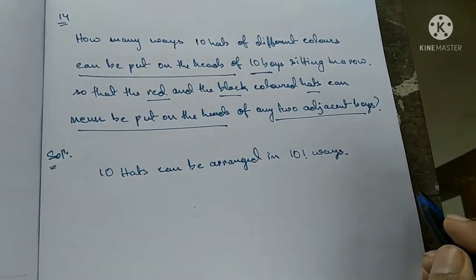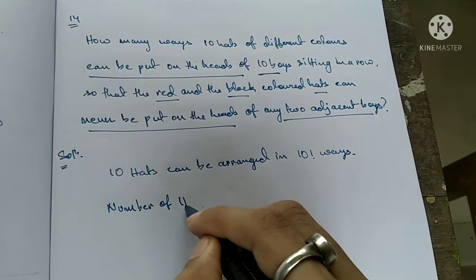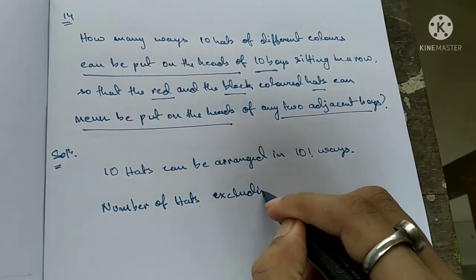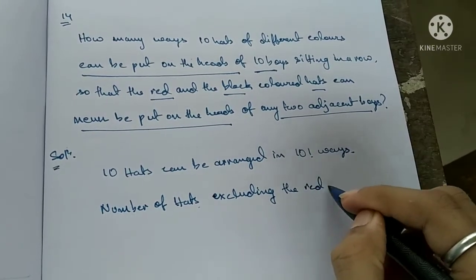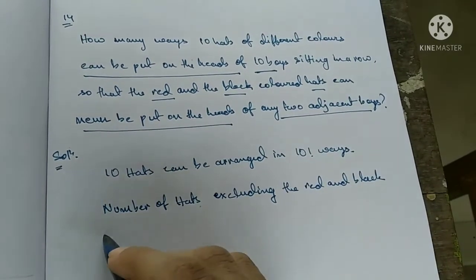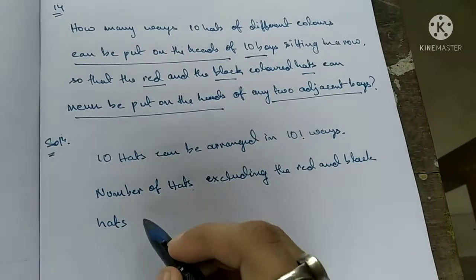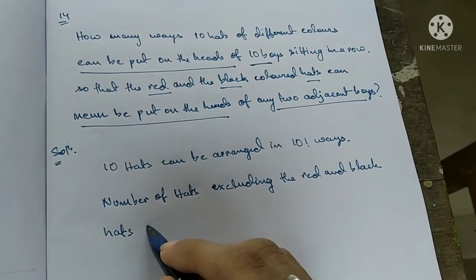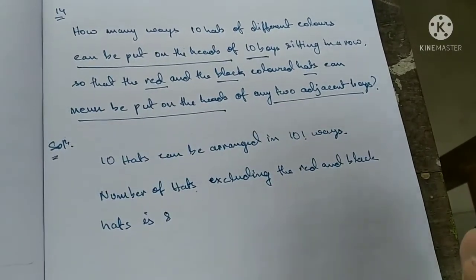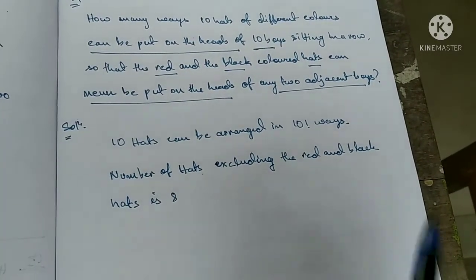Okay, now you see, number of hats excluding the red and black hat is 8. Total 10 hats are there. If I exclude the red and the black hat, 2, then the total number of hats is 8.